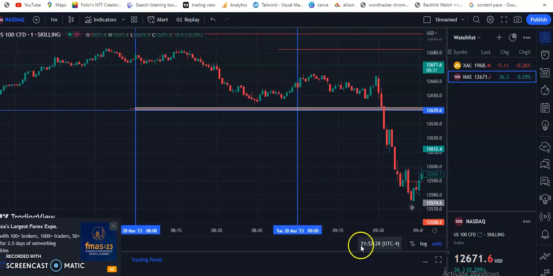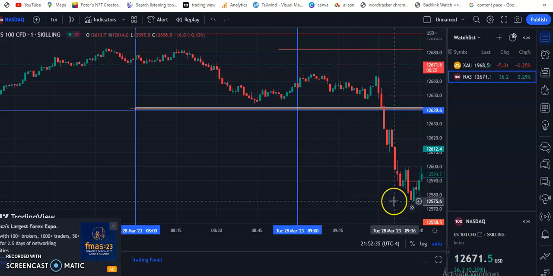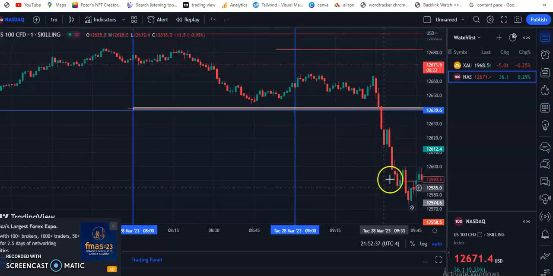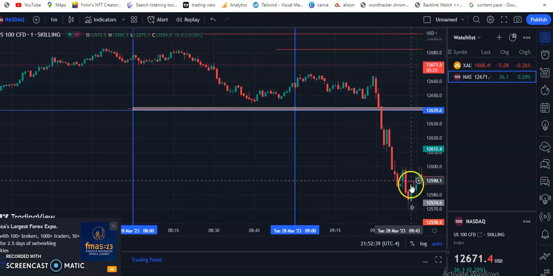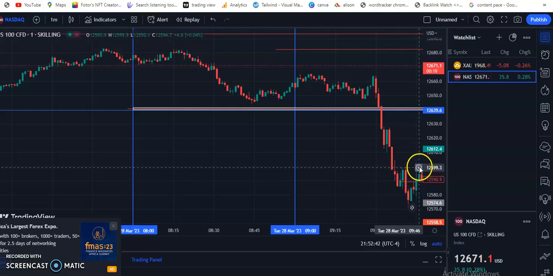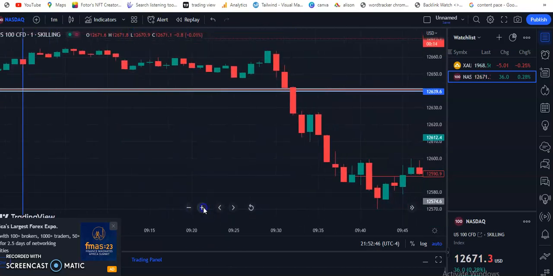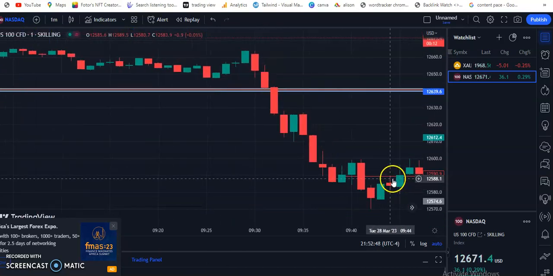Now we are below the low of the day. As you can see, the market came down, then gave us our W pattern with a break of structure. Now, if you are confused about the break of structure, this is the break of structure.